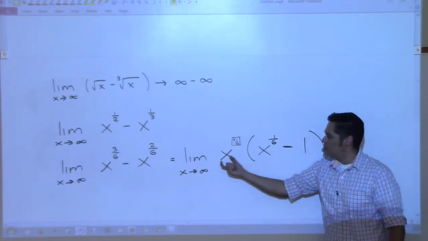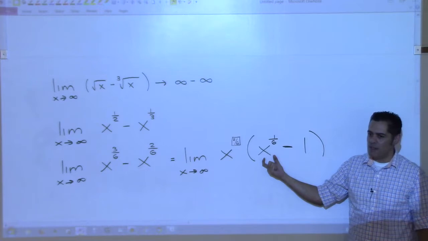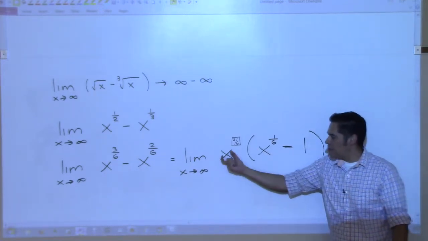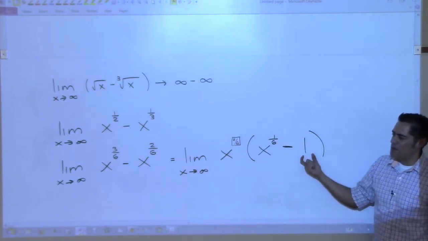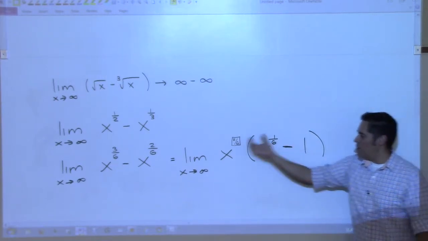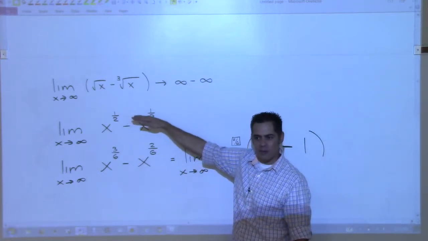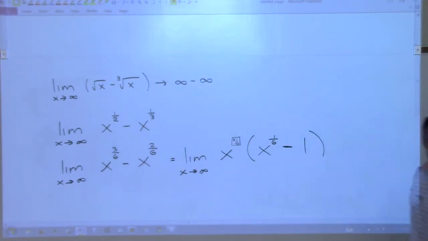So x to the 2/6 times x to the 1/6 is x to the 3/6. And then x to the 2/6 times -1 is x to the 2/6. So if I multiply this through, I'm going to get back this, but this is really this, right?